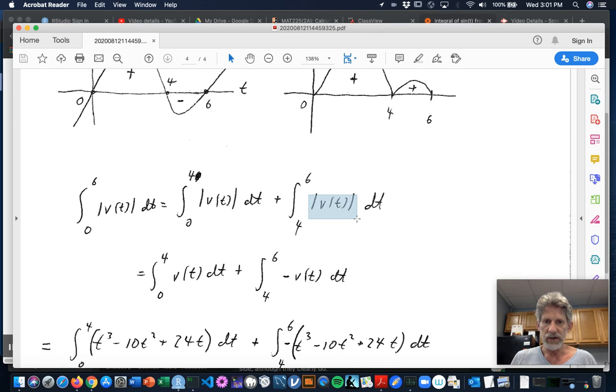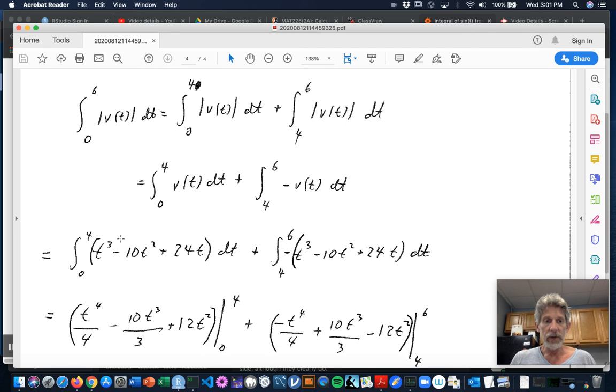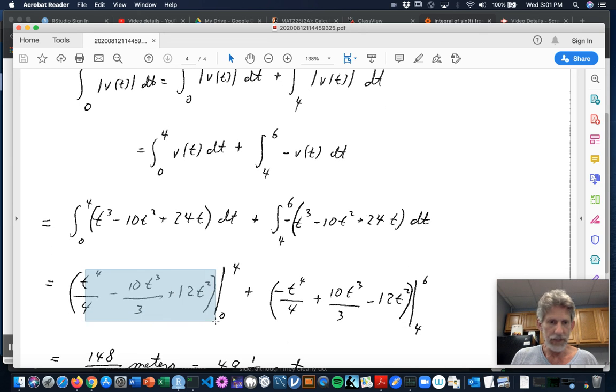From 4 to 6, the absolute value of v of t would be the opposite of v of t. Now I can fill in what v of t is, and I get these two integrals. I can totally go and find their antiderivatives. I am fine.